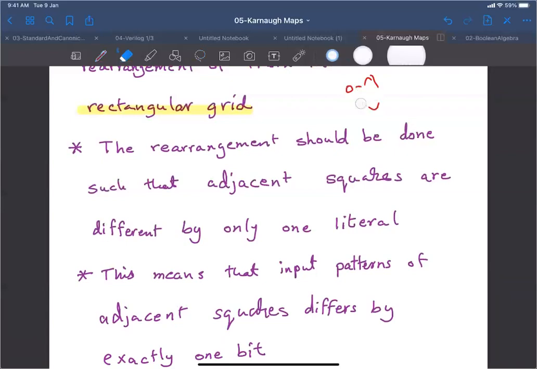So we need to find a way to group or rearrange the cells, the output cells of the truth table, such that all the cells have adjacent cells which differ only by 1 literal or 1 bit position. We will see examples of that.